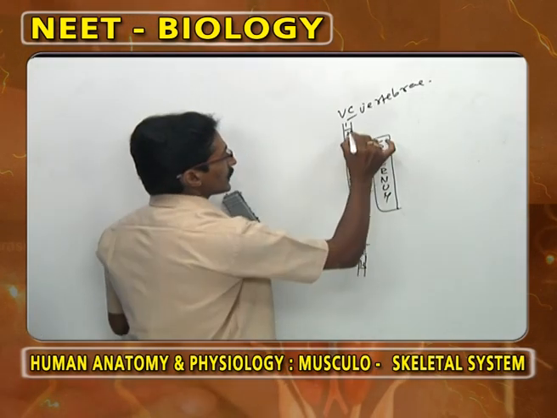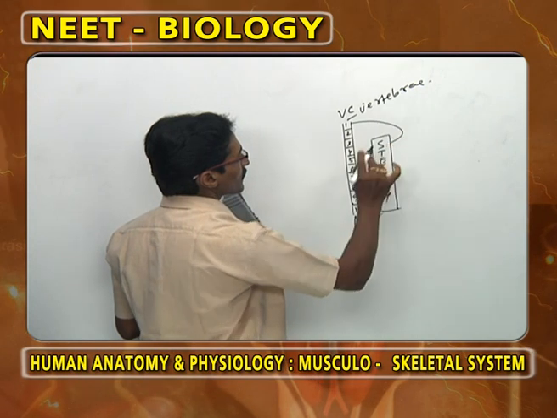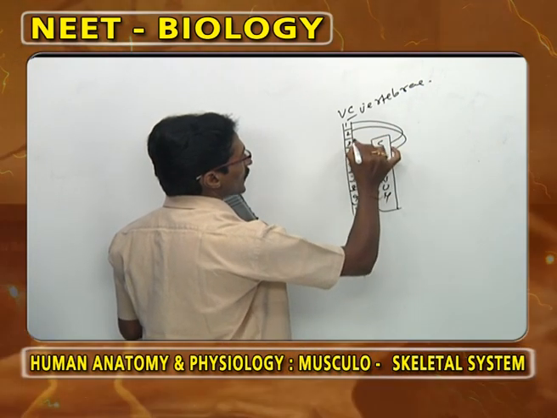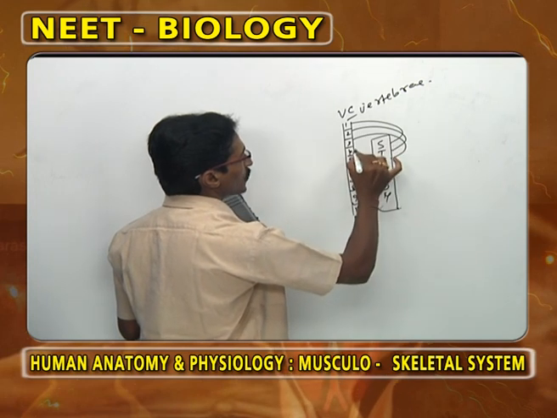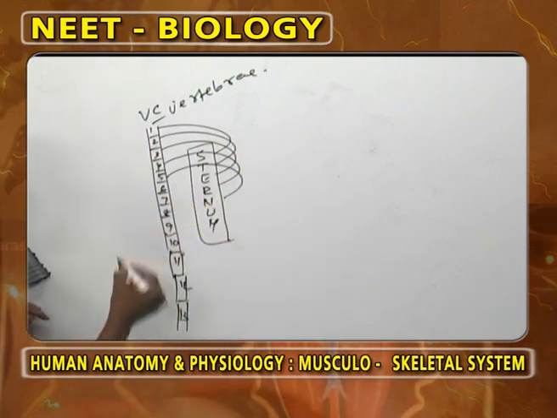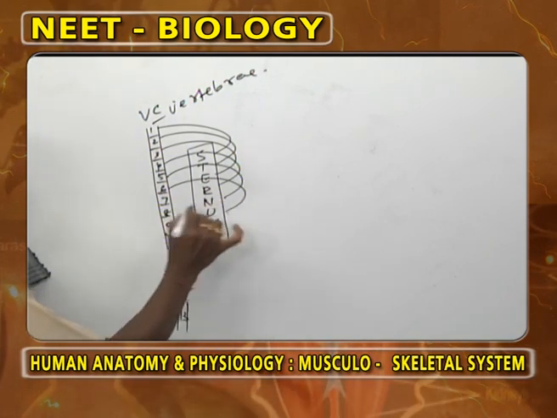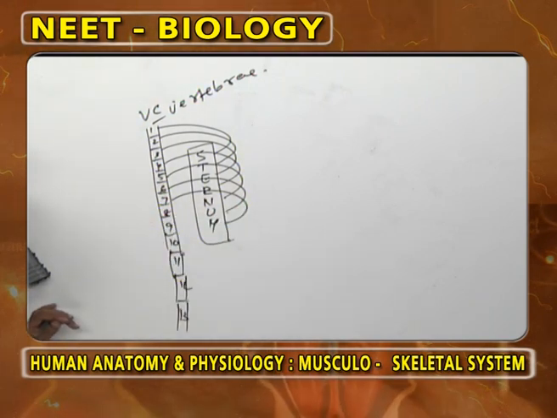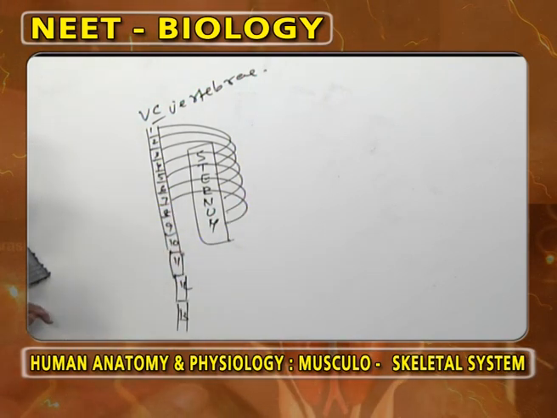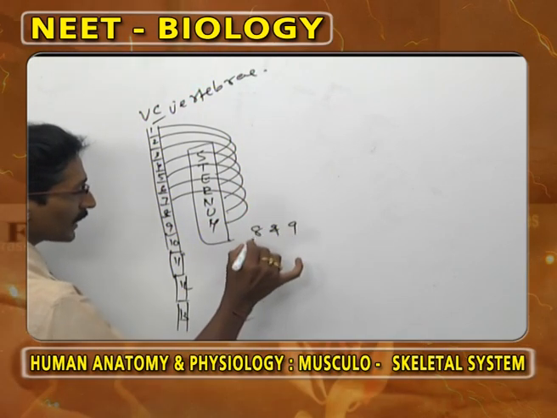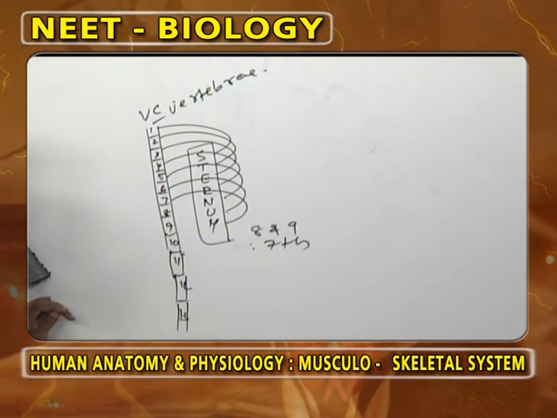Now, the first pair of ribs is attached to the sternum, second pair attached to the sternum, third, fourth, fifth, sixth, seventh attached to the sternum. Now what about the eighth and ninth? The eighth and ninth are attached to the seventh.